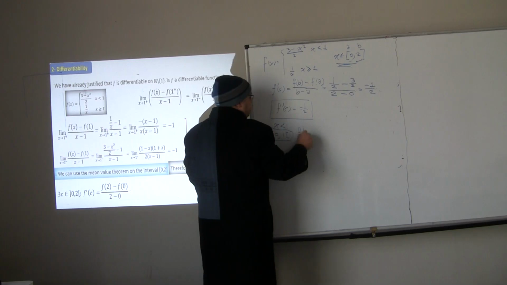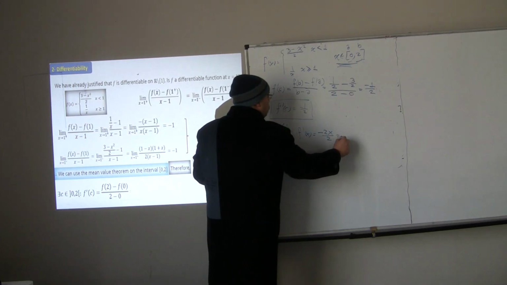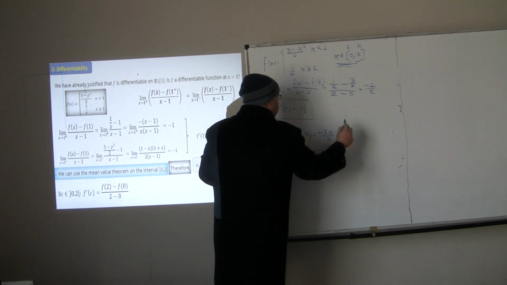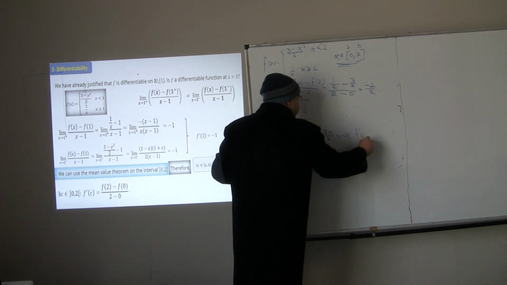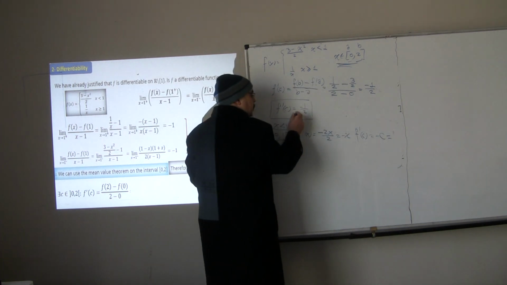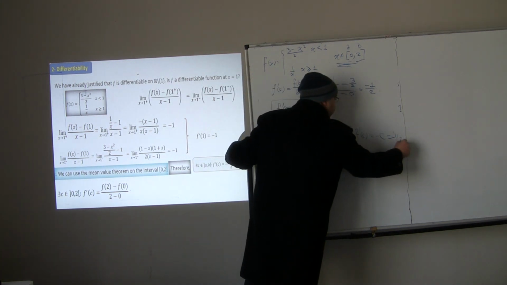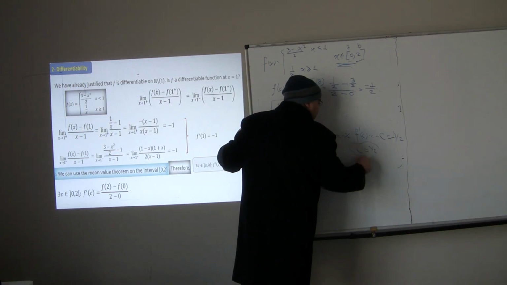So f dash x will equal negative 2x over 2, which equals negative x. Which means that at this period, I will have f dash c, which is negative c, and it should equal negative 1 over 2, leaving me with c equal half.